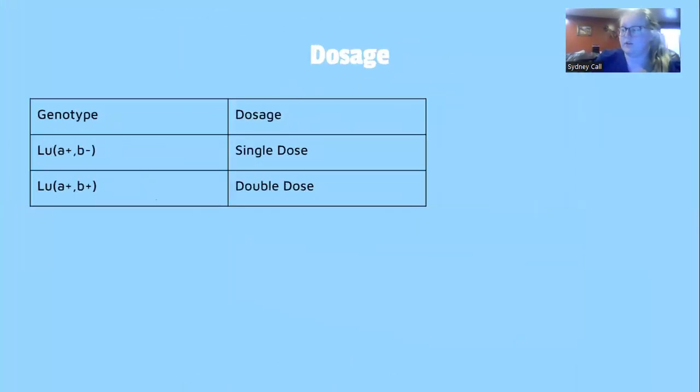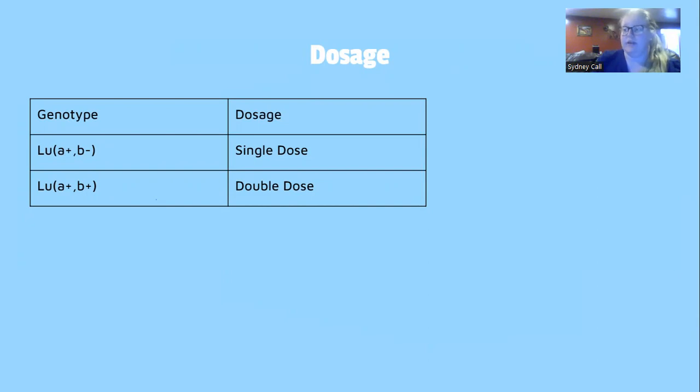And let's go on to dosage. The dosage effect is a difference in antibody reaction strength depending on the quantity of the target antigen present on a target red blood cell. Like most blood group systems, the alleles are inherited in a co-dominant manner. So if an individual inherits alleles for both LUA and LUB antigens, both will be expressed on the red blood cells.